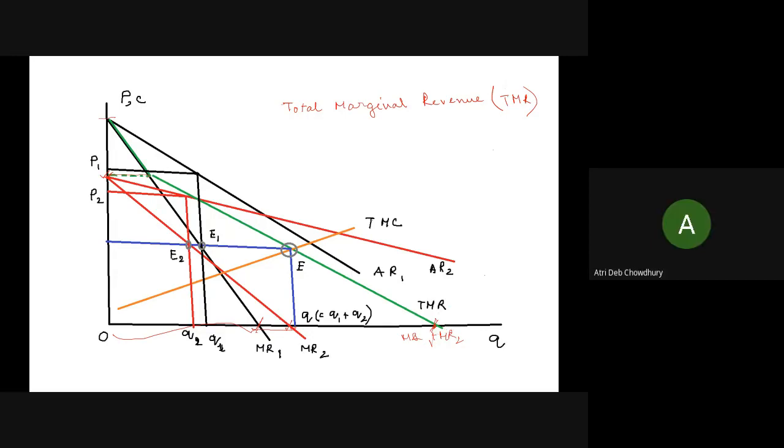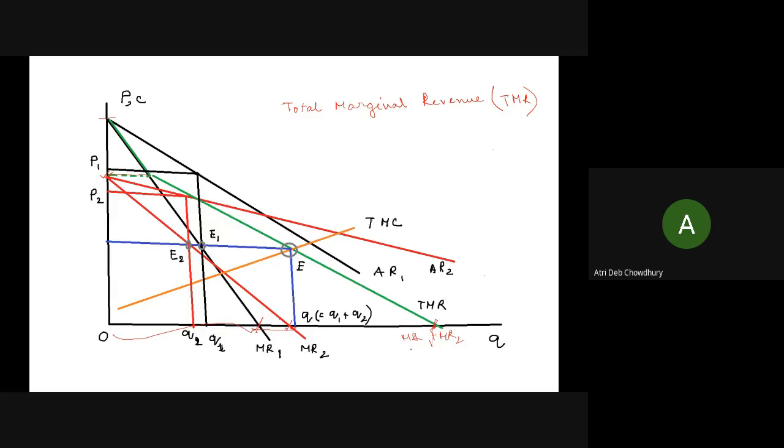Ma'am, I have a question here. The point where the TMR curve departs from the MR1 curve, shouldn't we mark that on the x-axis instead, on the quantity axis instead of the price axis? I didn't get your point. Would you please repeat your question once more? Yes, ma'am. The point where the TMR curve deviates from the MR1 curve, shouldn't we mark that point on the quantity axis instead of the price axis?